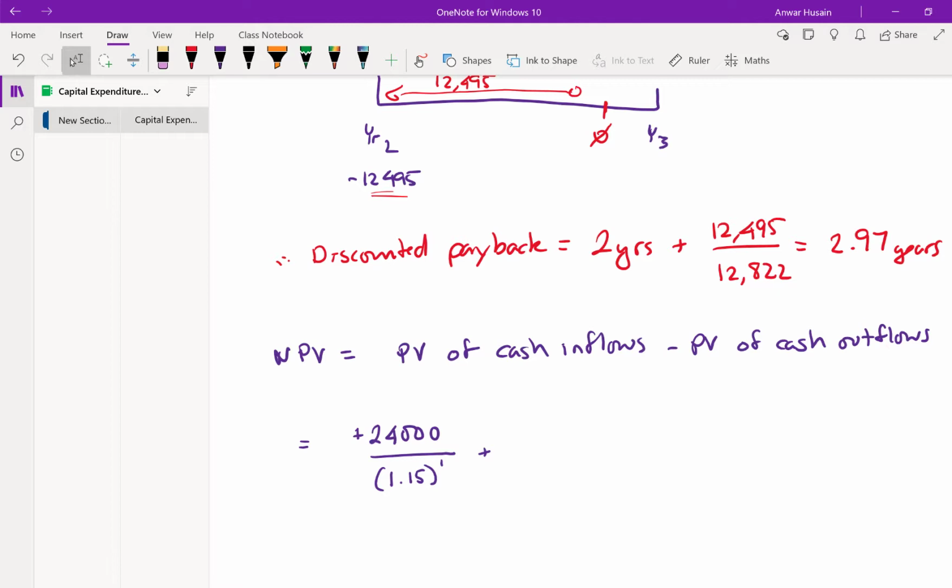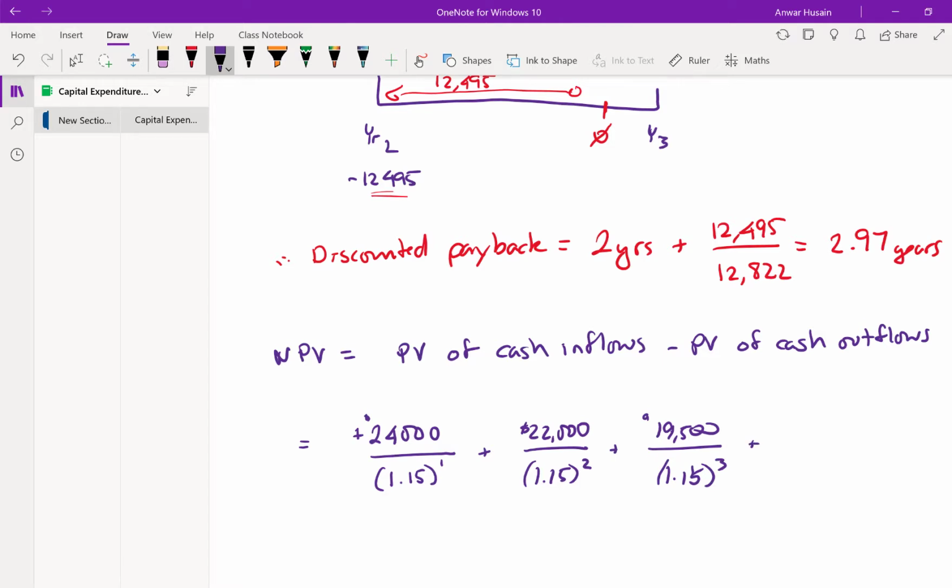The second year cash flow was $22,000, and we're going to divide that by 1.15 to the power of 2, because that's 2 years from now. Third year is $19,500, divided by 1.15 to the power of 3.